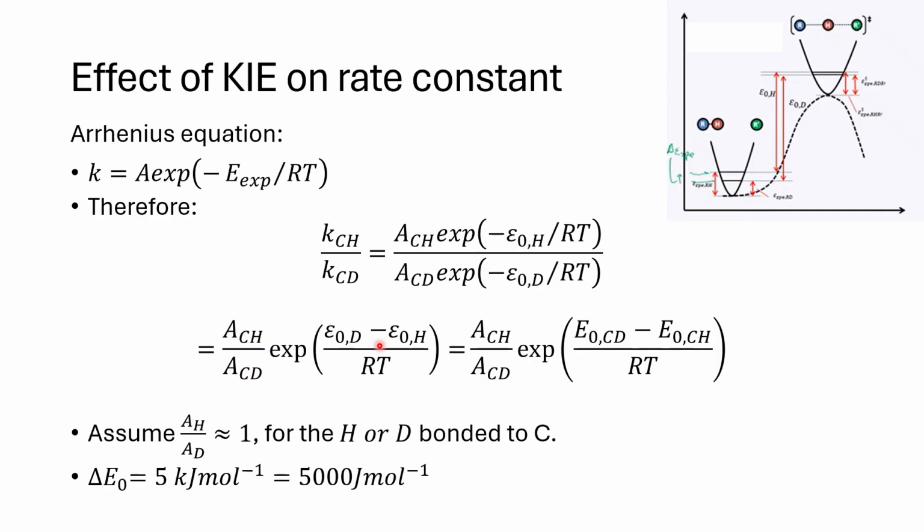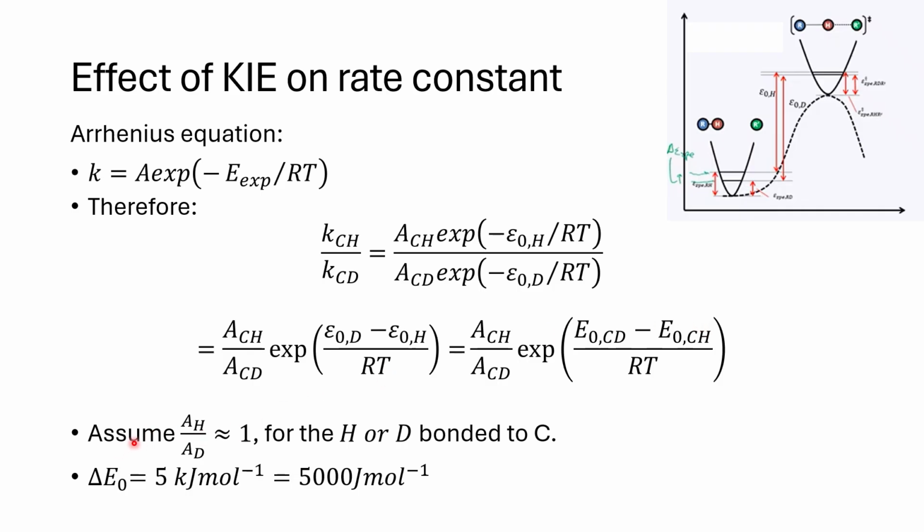And then we simplify the mathematics. This expression is transformed to epsilon 0D minus epsilon 0H. This is something that we derived in the slide before, and it equals the energy at the zero-point level minus the zero-point energy for C-H, which is the lighter molecule.